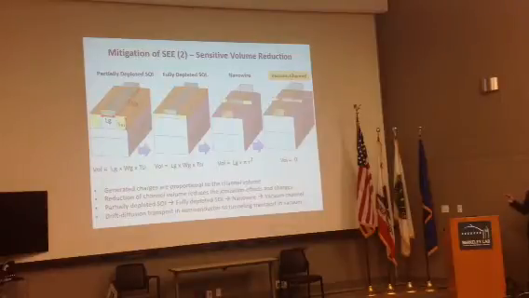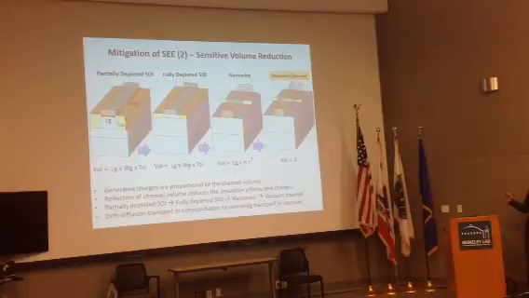I explained that we use a silicon-on-insulator wafer. Then as time goes by, we migrate from a thick top layer to a much thinner top layer, which is called fully depleted SOI, and we go to nanowires. By doing so, we can decrease the volume of the silicon channel, or the sensitive area of the silicon.